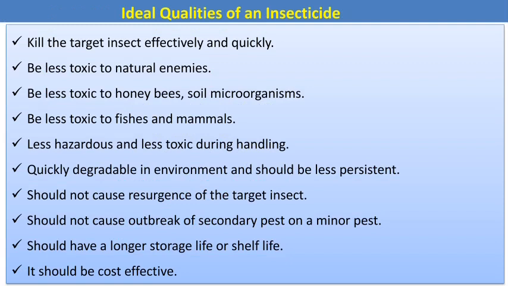It should be less hazardous and less toxic during handling, quickly degradable in the environment and less persistent. It should not cause resurgence of the target insect pest, should not cause outbreak of secondary or minor pests, should have a longer storage life or shelf life, and should be cost effective. These are some of the ideal qualities of insecticides.